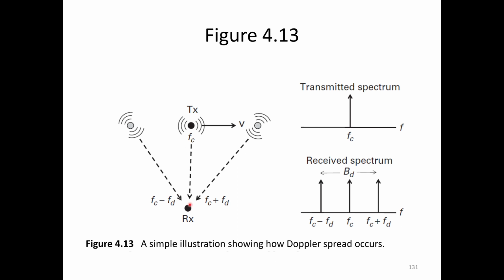So the receiver will receive three different frequency components: one is Fc, one is Fc plus Fd, and one is Fc minus Fd.